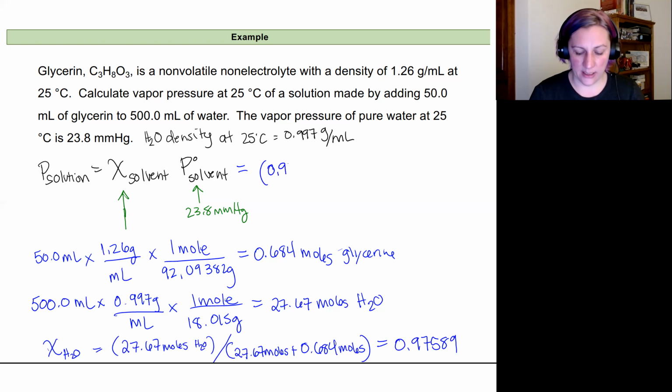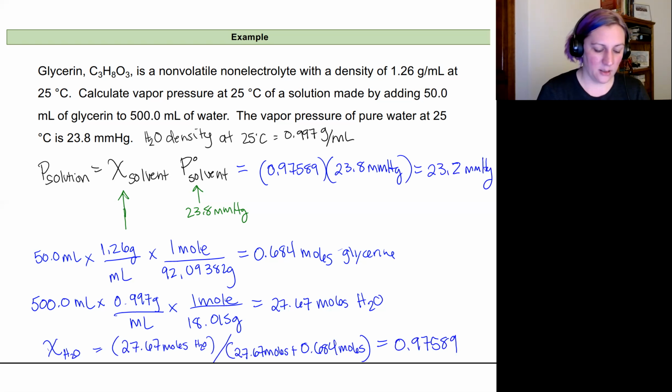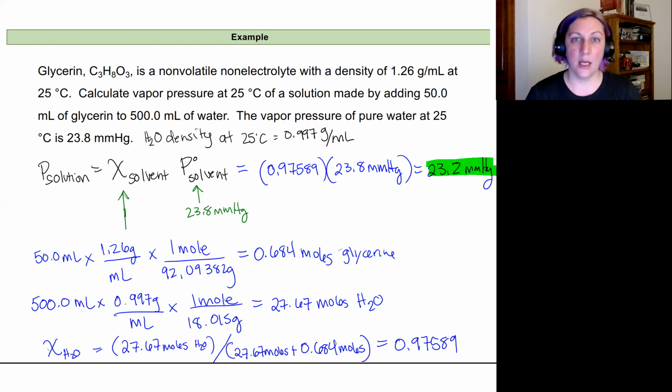So my 0.97589, and now I'm multiplying that by the vapor pressure of my solvent, just the water on its own, the 23.8 millimeters of mercury. And when I calculate that, I get 23.2 millimeters of mercury. And so that's how different my vapor pressure will be for my solution versus my solvent at this concentration.